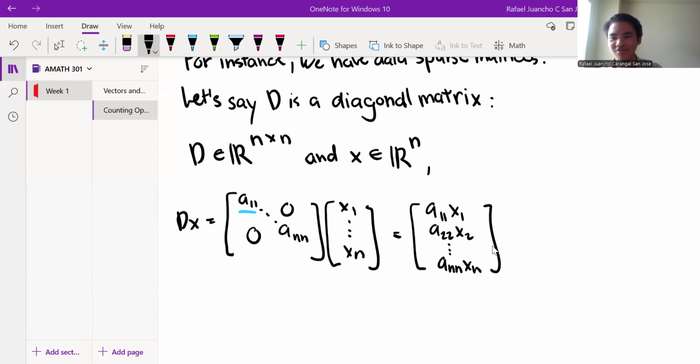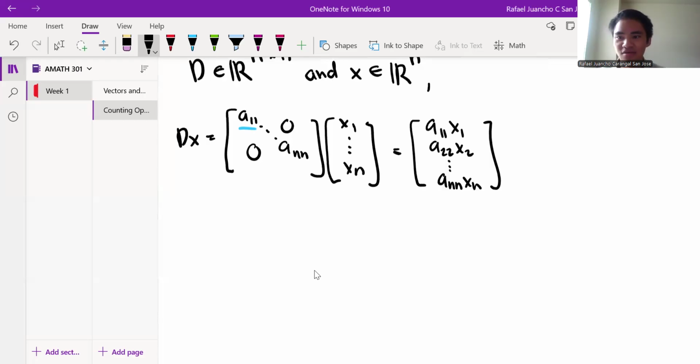Here we can actually count the complexity of this, which is surprisingly simple. How many additions and multiplications do we do here? Look how many we have.